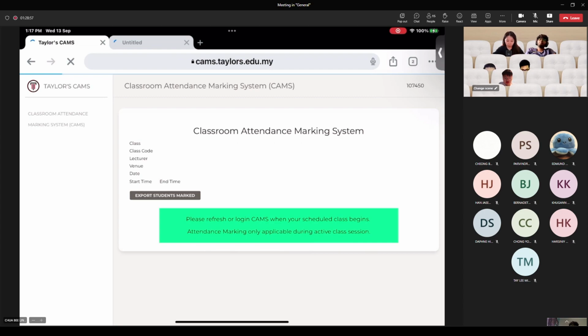Cannot refresh. Okay, never mind. I use my laptop. And now refresh. Let me try. Really helpful. Okay, so I will tap the code.